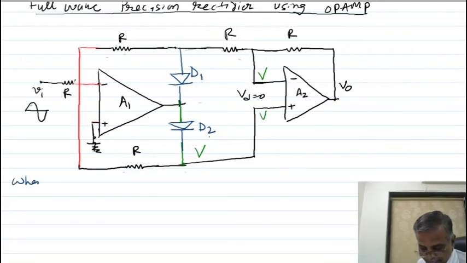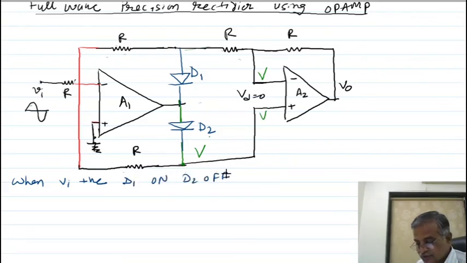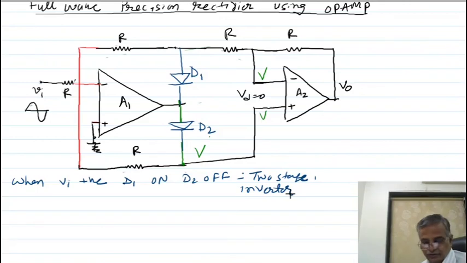When Vi is positive, D1 is on and D2 is off, and the circuit works as a two-stage inverter. So positive, you get negative, and again positive. This is not in the circuit then. So your positive half will be rectified.